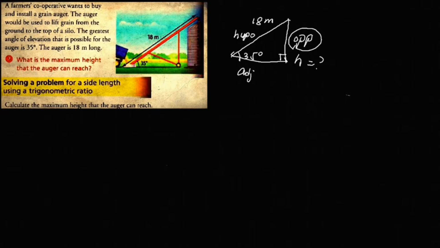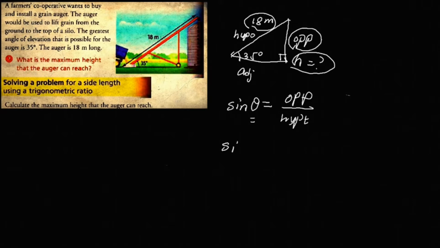Because I know the length of the hypotenuse, 18 meters, and we want to find the height, the maximum height that the auger can reach, we use sine theta. Sine theta equals opposite over hypotenuse, with theta equal to 35 degrees. So sin 35 degrees equals opposite, which we don't know, so we set it as h, over the hypotenuse, 18 meters.